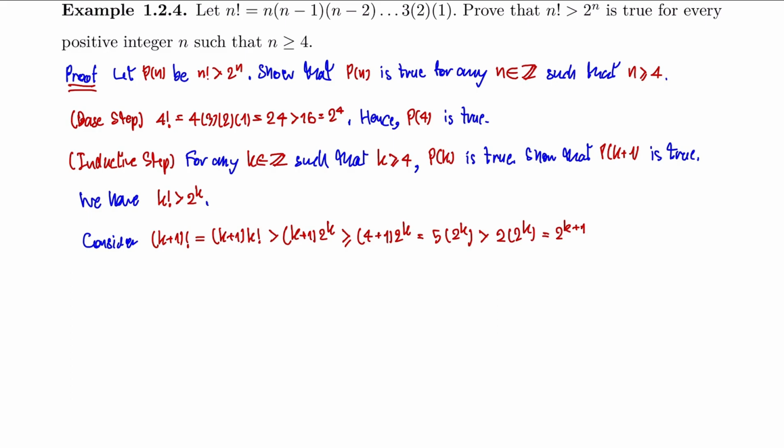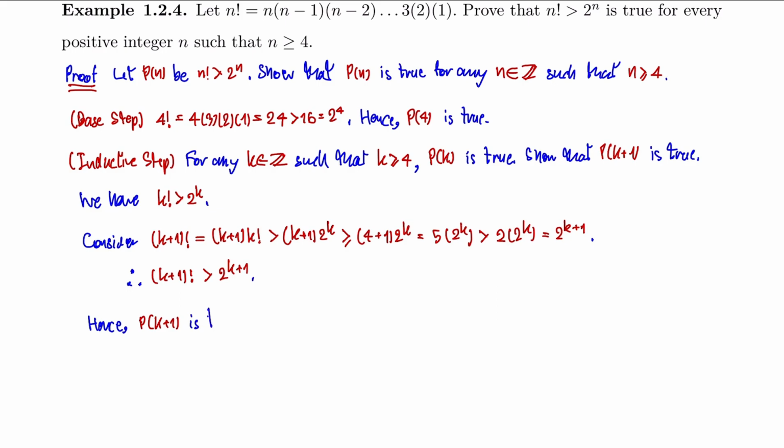Once we have 2 to the k plus 1, we have proved that k plus 1 factorial is equal to this, greater than this term, and this term is greater than or equal to this term, so it's greater than 2 raised to the power of k plus 1. Okay, so hence, or therefore, P of k plus 1 is true.